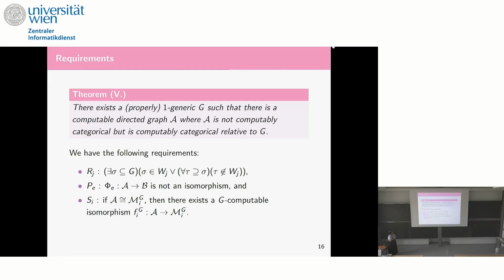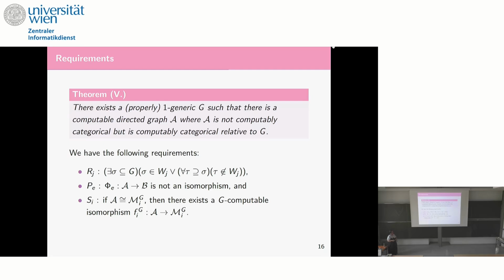If A really is isomorphic to this ith G-computable directed graph M_i, then there exists a G-computable isomorphism F_i between A and M_i. So if they really end up being isomorphic, you should build that isomorphism at the end. I'm going to focus primarily on what you do for P_E and S_i.